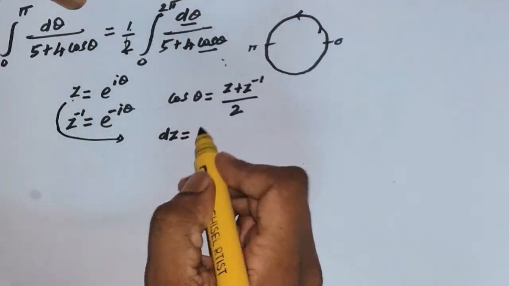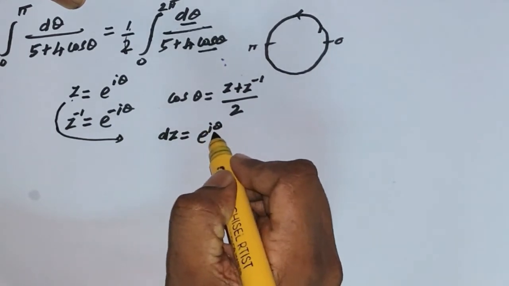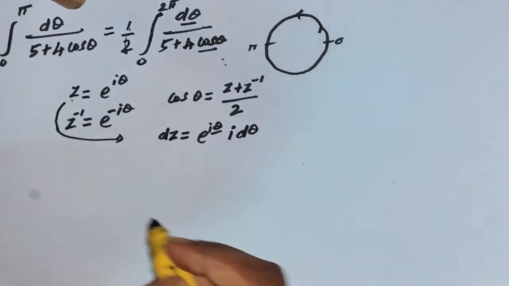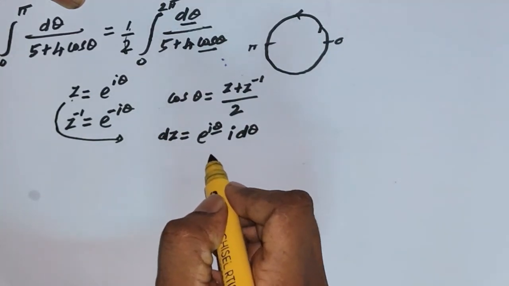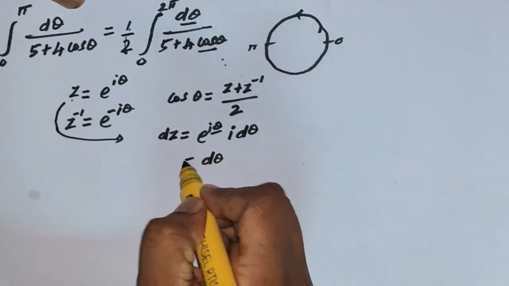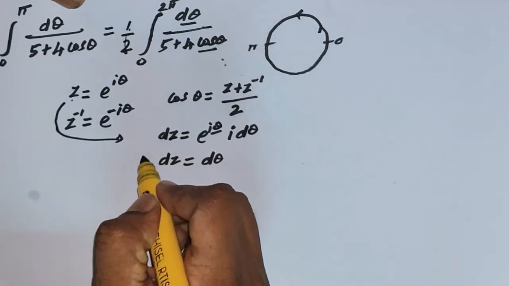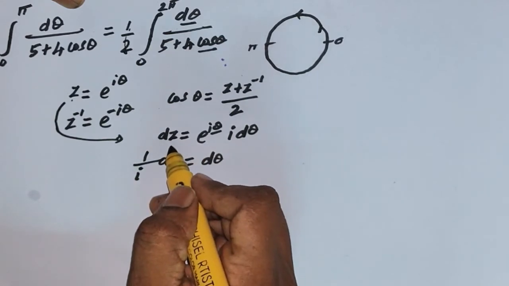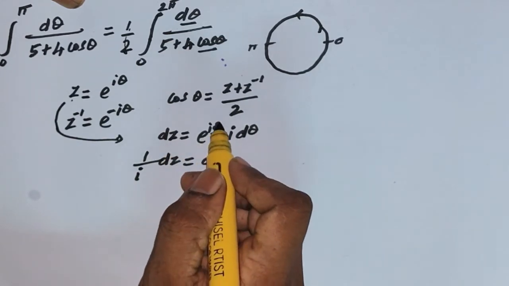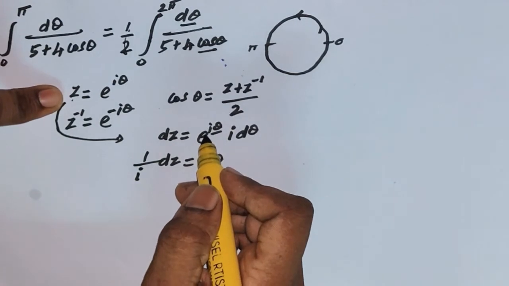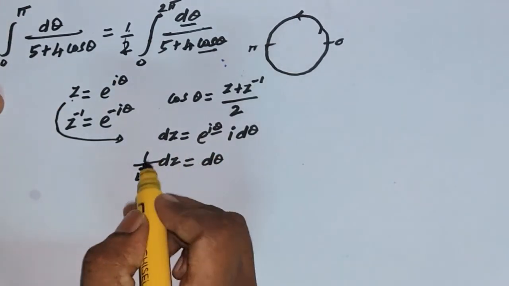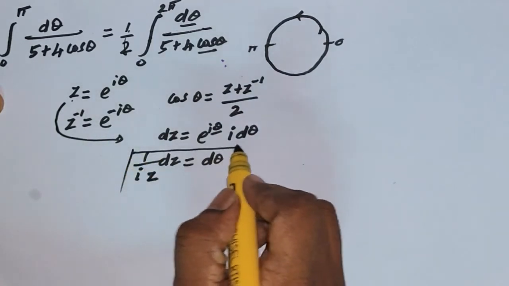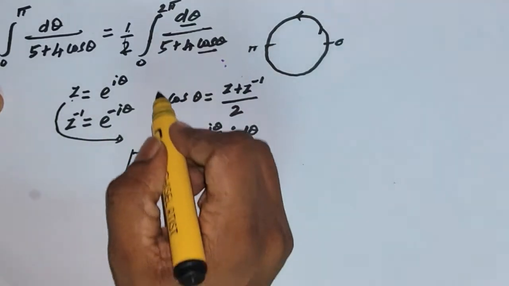Differentiating gives e power i theta times i d theta. So d theta is equal to dz by i z, since e power i theta is z.